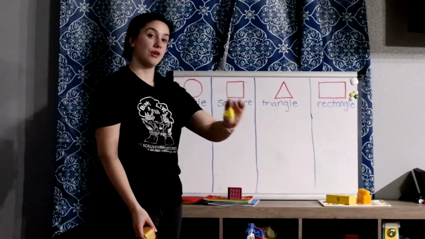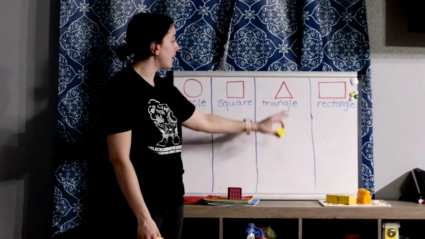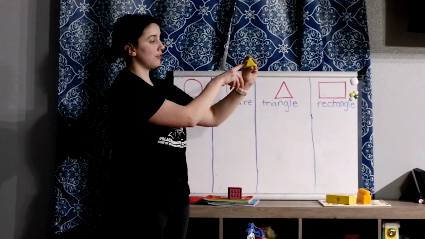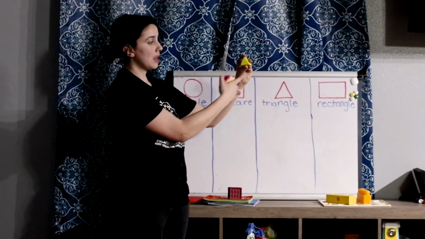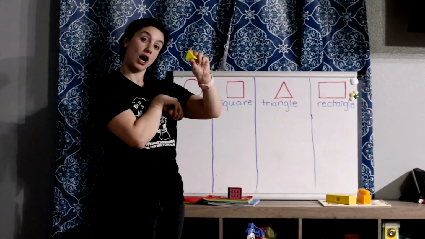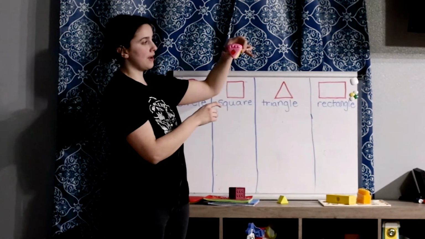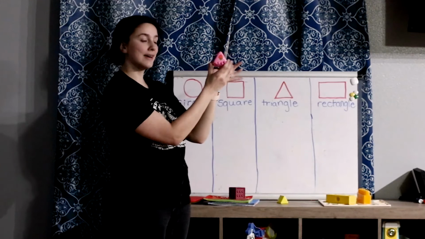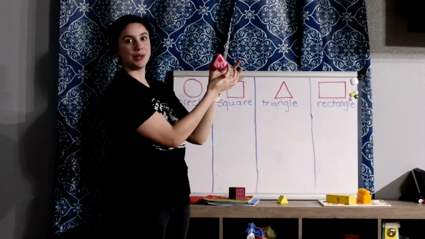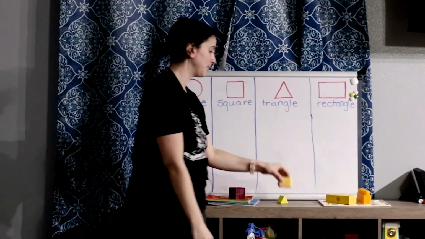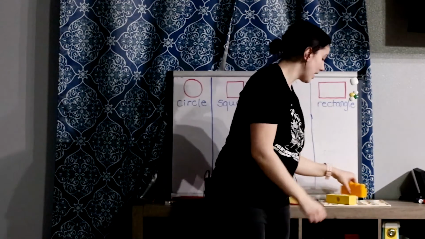I found 2 different triangles in my house. The triangles have 3 sides. I found a triangle block, and I found a piece of cake, which is also a triangle. For the rectangles, I have already shown you the foam block.